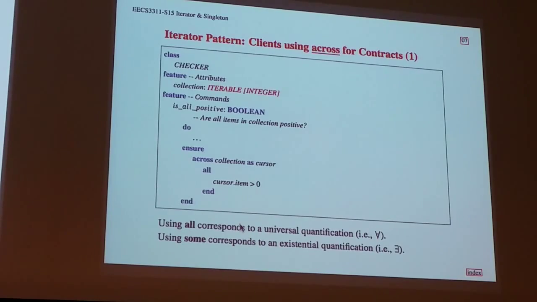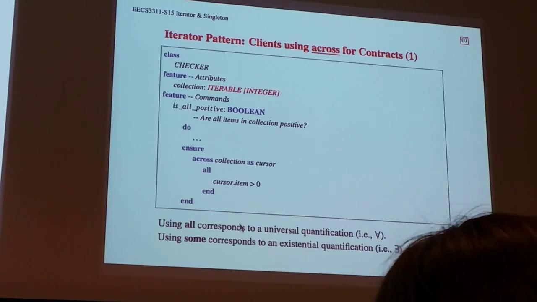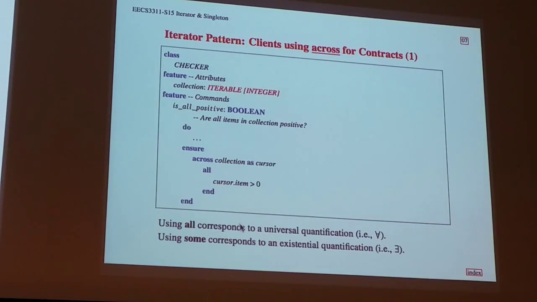Okay, so now we talk about contracts first. Let's say we have a class called checker. It simply has a collection here which is iterable of integer, which means the client is only going to iterate through a collection of integers in a linear fashion. And let's say we have some feature here, all positive.